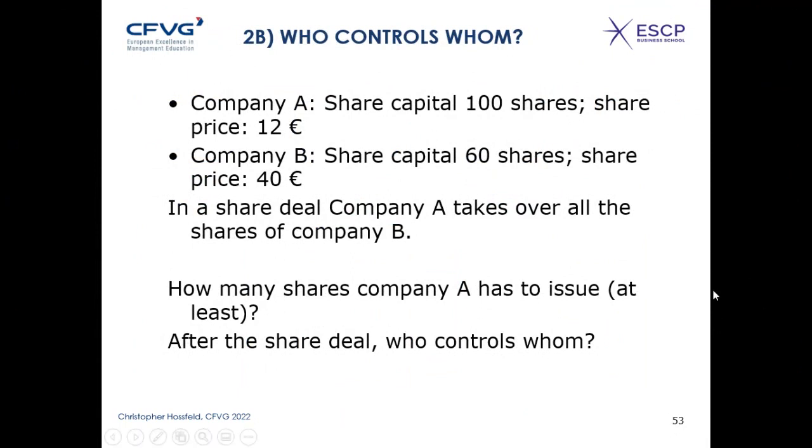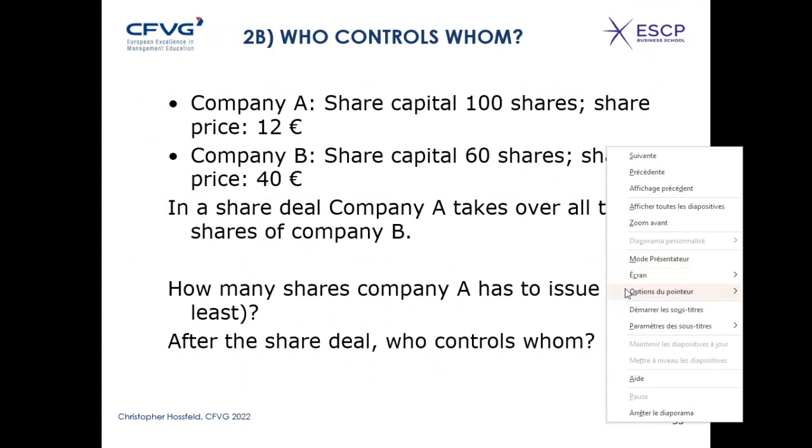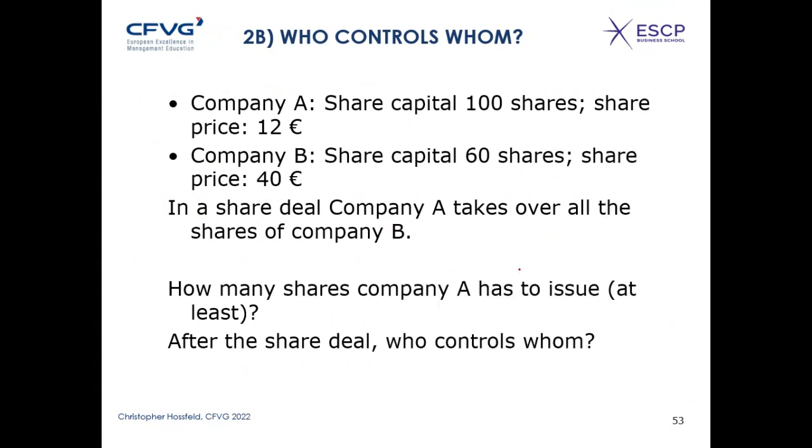Company A has a share capital composed of 100 shares, and the current share price is 12 euros. Company B has a share capital of 60 shares, and the current share price is 40. Now, in a share deal, company A takes over and buys all the shares of company B. Therefore, two questions. The first one is how many shares company A has to issue, and after the share deal, who controls whom?